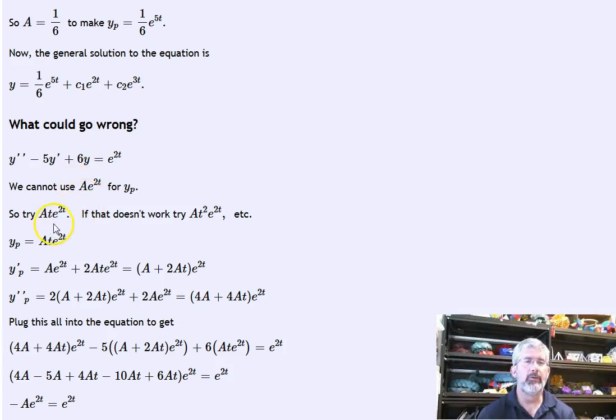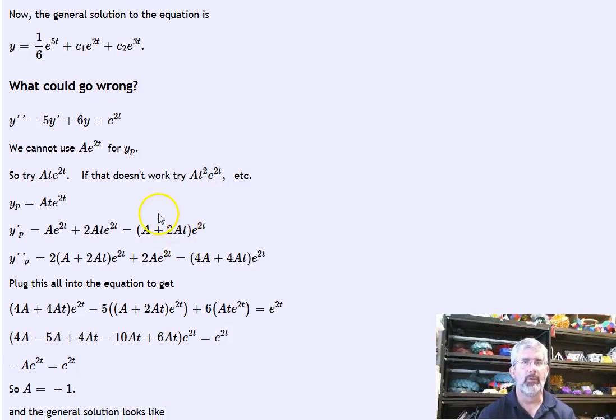So I've got to do something else. What I'm going to do is multiply by t, and try t e to the 2t. That doesn't work. I'm going to try t squared e to the 2t. That doesn't work. Probably t cubed. Eventually it should work. And why it works we'll look at in the next section, so next week. But here we go.